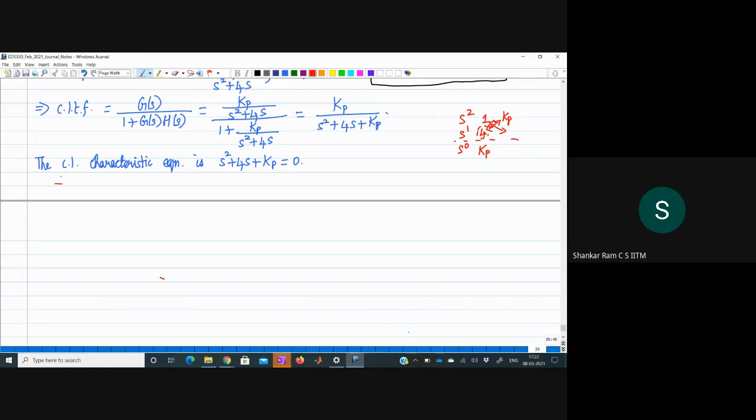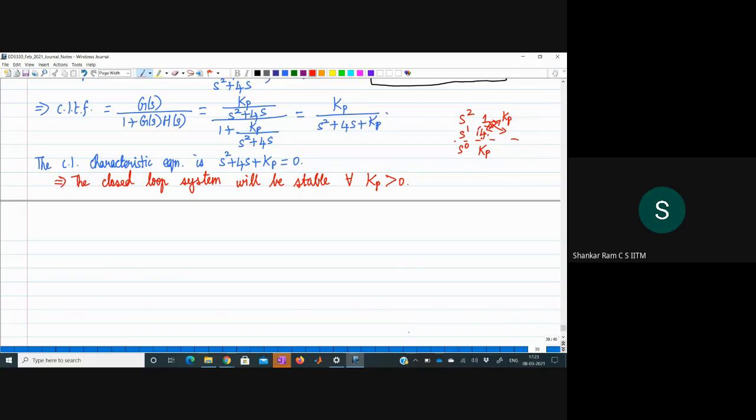So this implies that the closed loop system will be stable for all Kp greater than 0.